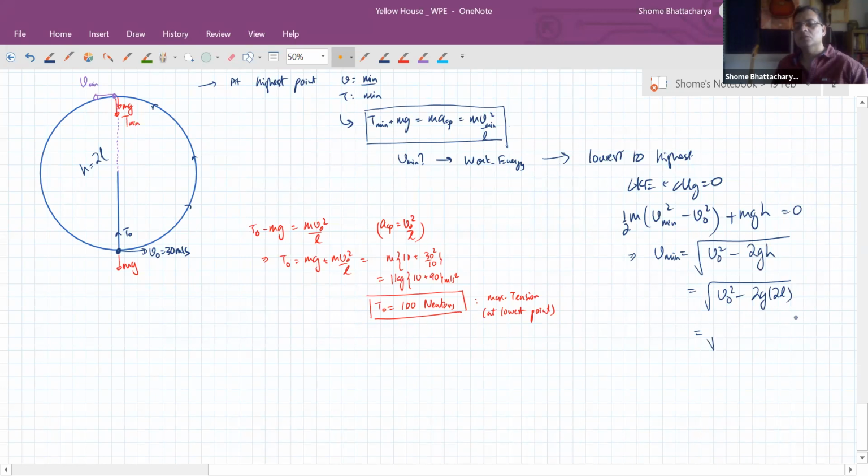So let's substitute the values. 30 square minus 2 into 10 into 2 into 10. So square root of 900 minus 400.